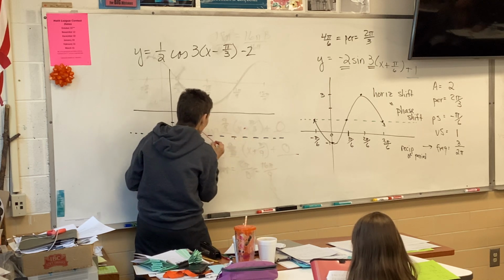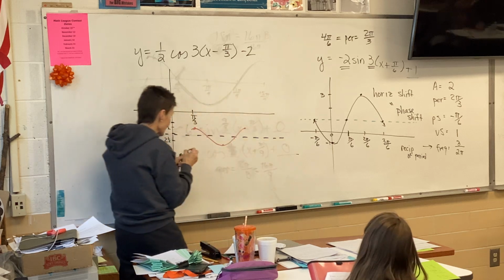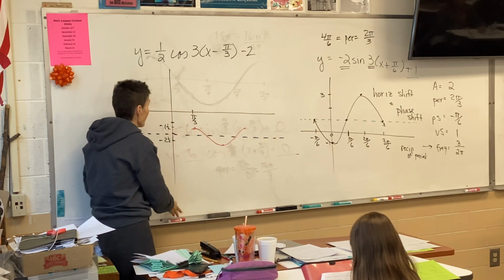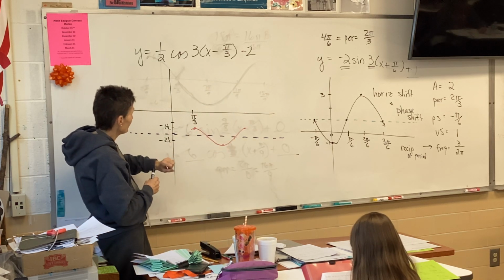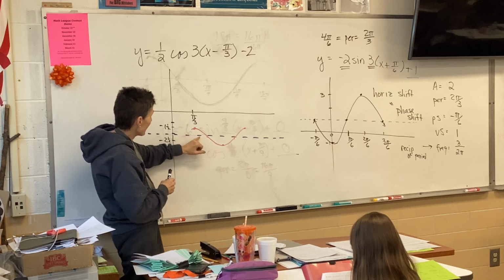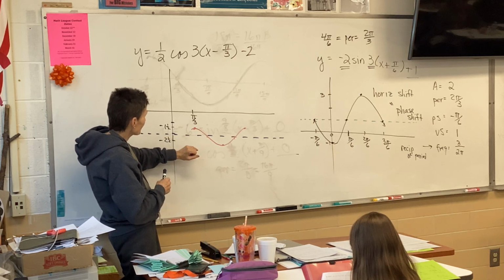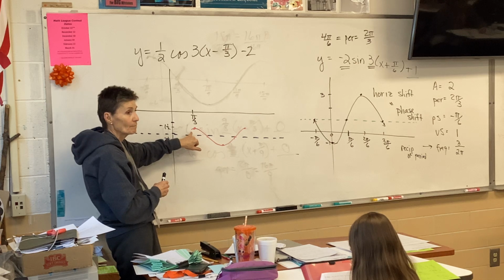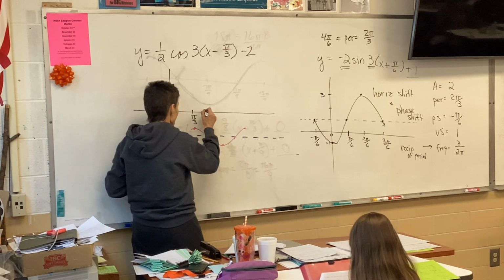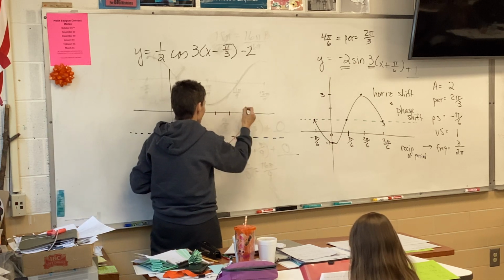So my picture looks like that. That is a positive cosine curve. It only goes up and down a half, and it starts at pi over 3. So I need to label that point, and where I am.